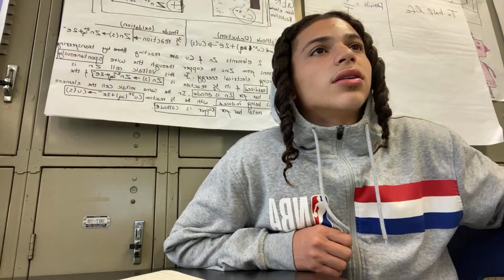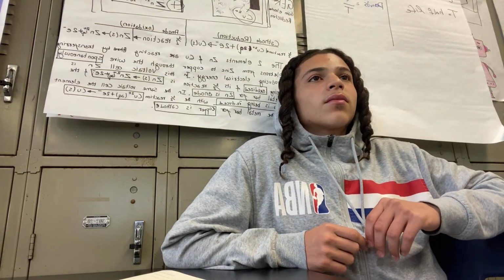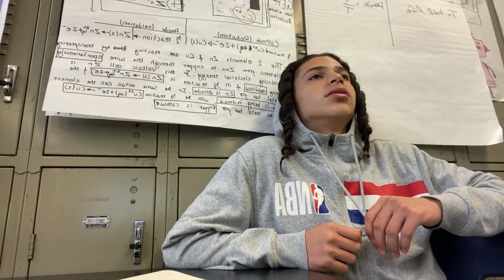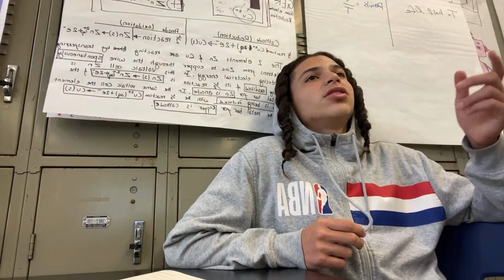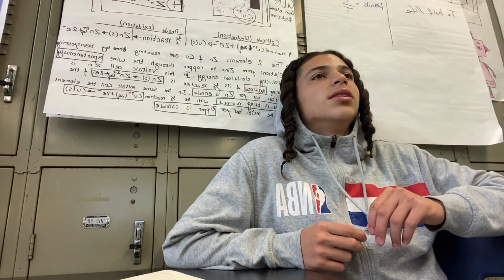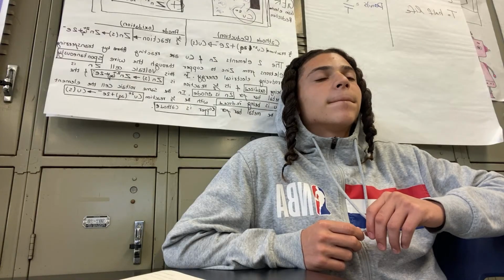Why this equation? Because copper is gaining. Copper 2+ is gaining or losing electrons? He's gaining. That's why your electron is on the left side, right?